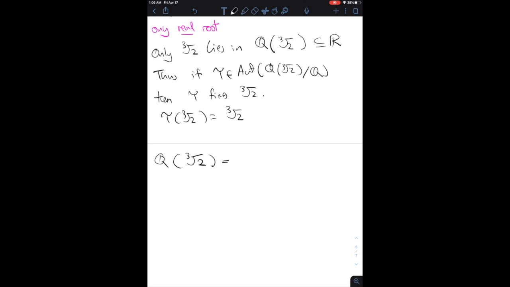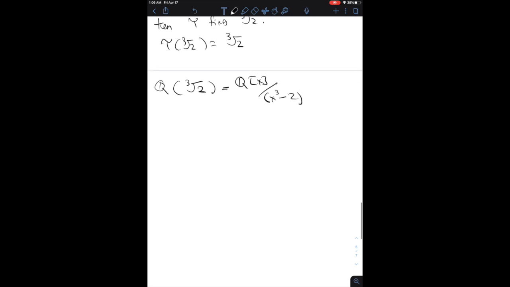But the other thing we know is that we can write this as the degree 3 field extension Q[x] modulo x cubed minus 2, and this has the basis 1, cube root of 2, cube root of 2 squared.